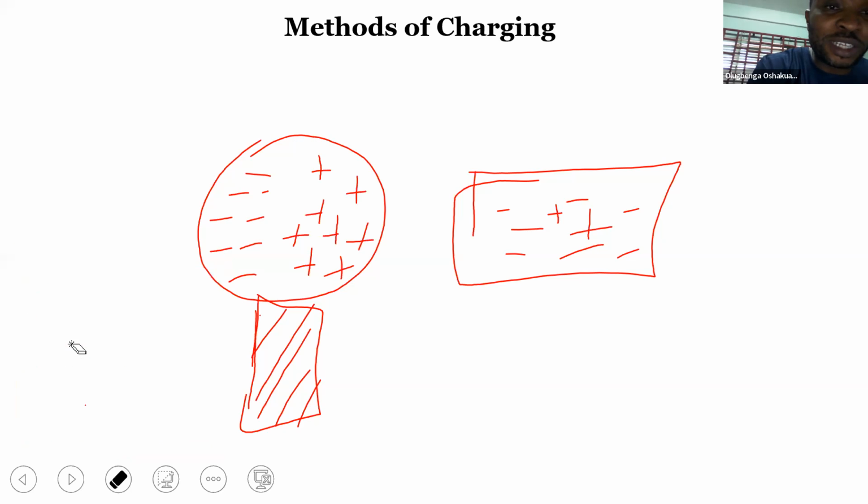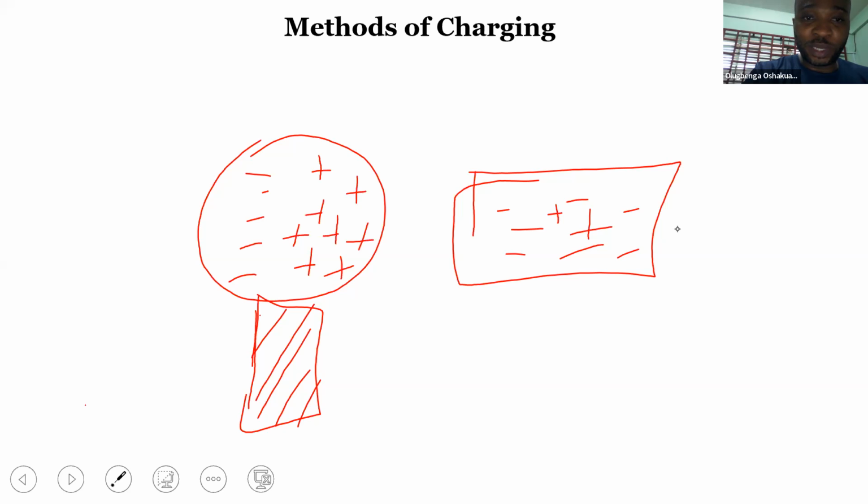Let's assume that a few flowed to the ground. When I take this charged body away, this formerly neutral sphere will now be having a deficiency of negative charges. It will now be having excess of positive charges. Thereby, it can be said to be positively charged.